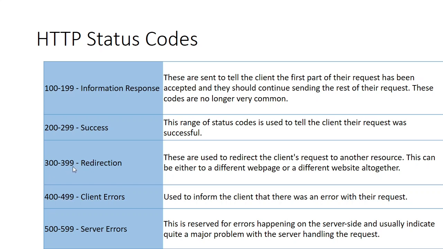300 to 399 is for redirection. These are used to redirect the client's request to another resource.